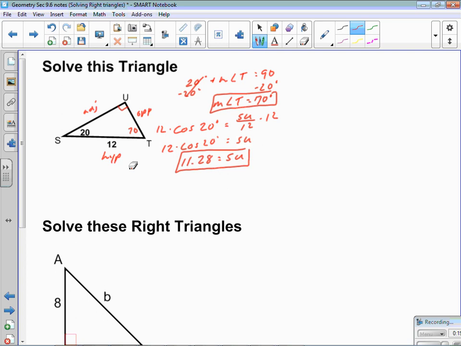So we're going to say that the sine of 20 degrees is equal to the opposite side, which is UT, over the hypotenuse, 12.